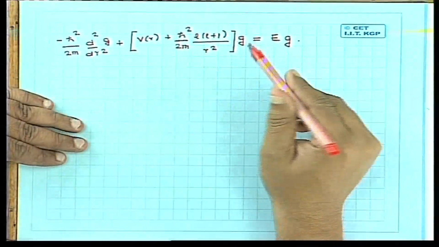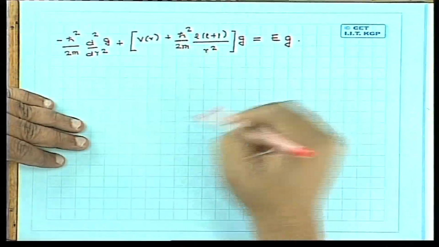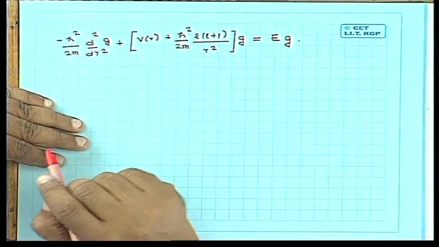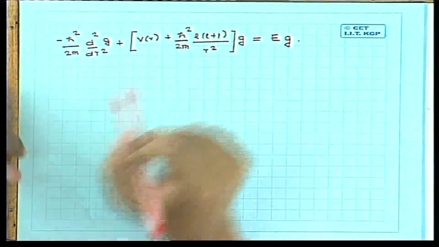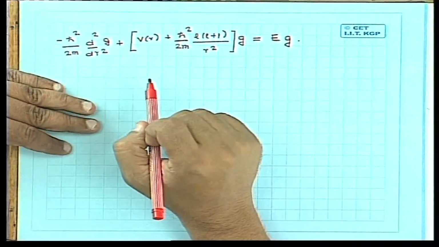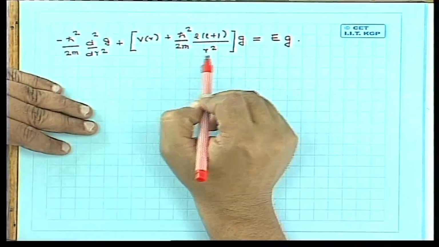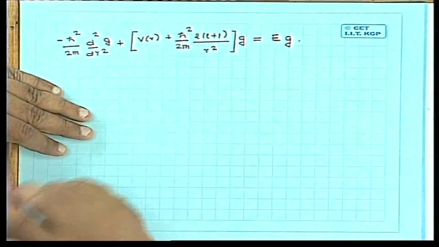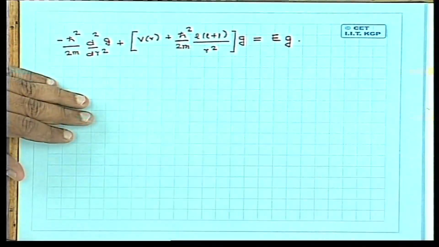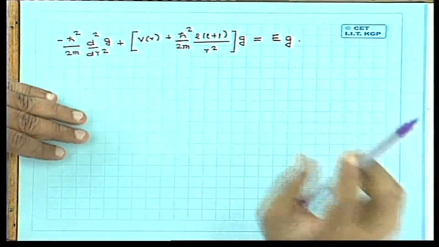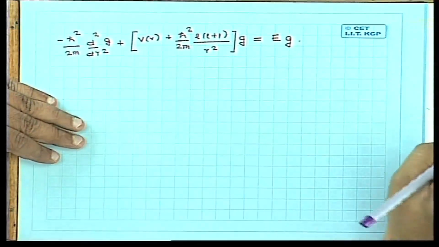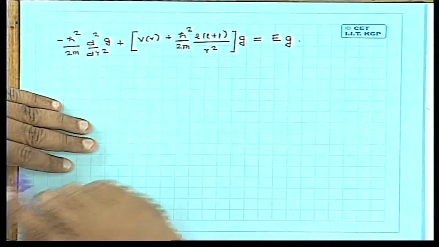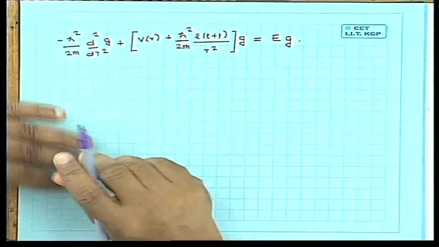So if you think of it classically, the particle is going around, and you can associate a fictitious force, the centrifugal force, and this is how it comes into this 1-dimensional potential. So you have this extra potential, which you can think of as arising from the centrifugal force. So now you have a 1-dimensional potential problem which we have dealt with in quite detail earlier on in this course.